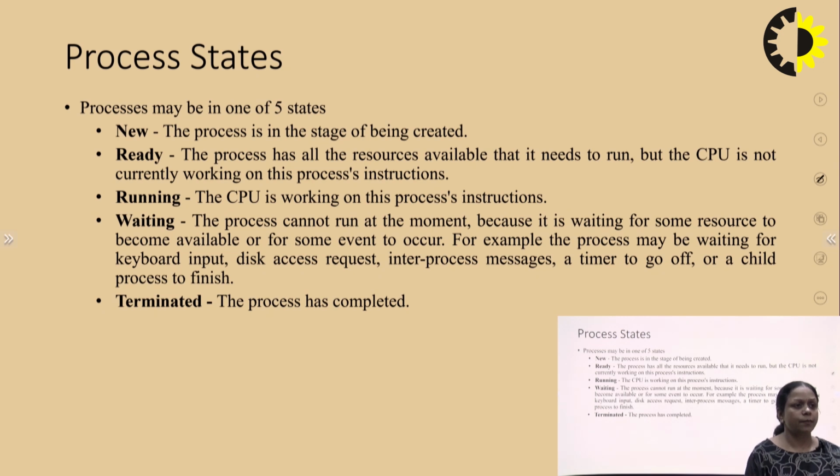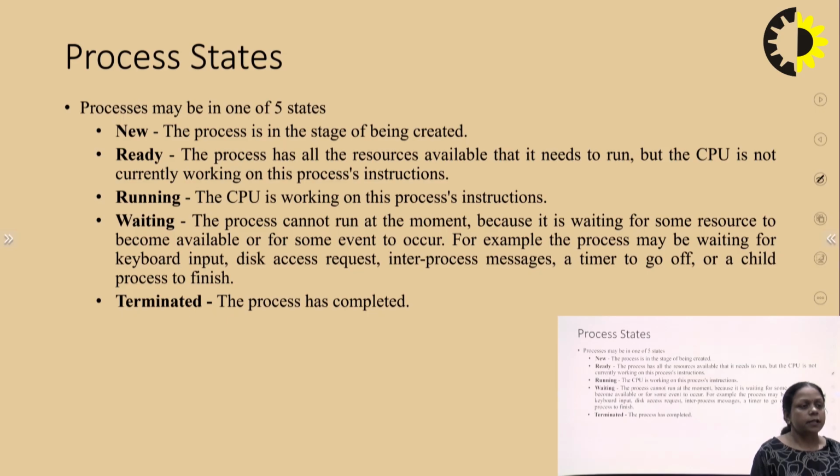For example, a process is executing, it requires multiple resources, and if the resources are available at that time, then it is in the ready state. After the ready state, it will go into the running state. The CPU is working on this process's instructions. When the process is in the running state, it means the CPU is working on this process.